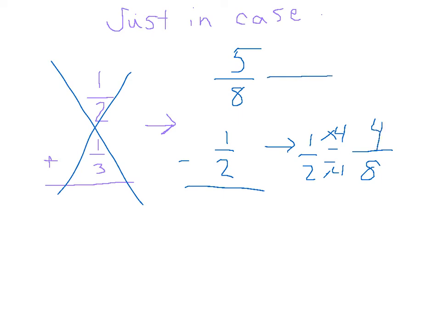Well, I can just slide this over then because 8 is already in the denominator spot. And that leaves me with 5/8 minus 4/8. 5 minus 4 gives me 1. And then 8. Do I say 8 minus 8? No. I don't subtract those denominators. So my answer should be 1/8.